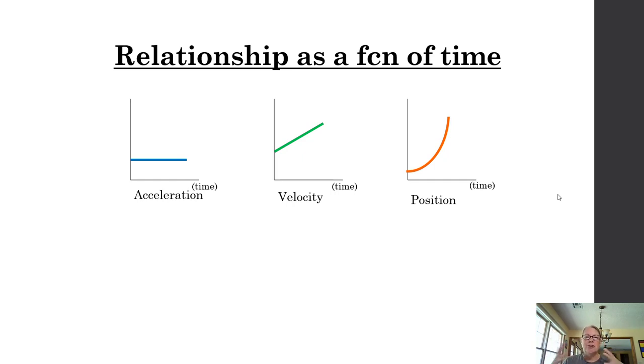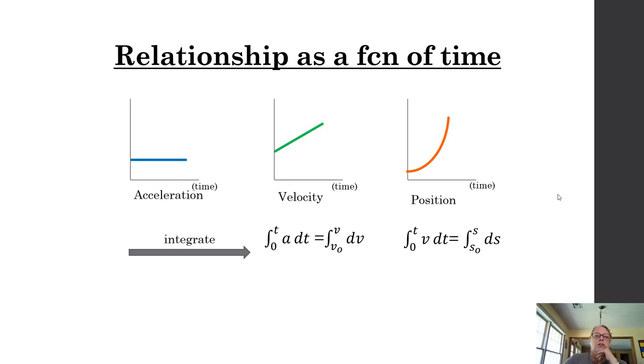And that's how I try to remember, am I going to be integrating or taking a derivative? Which way am I going? So I kind of put this in my brain. Okay, so if we integrate our acceleration with a function of time, we end up with our velocity because we're just finding that area under. It's just like having our load. If we had a uniform load, we find the area under that load. That gets us our shear, which is diagonal. Okay, if I integrate velocity with respect to time, I get an equation.